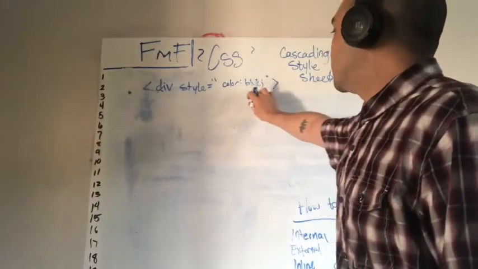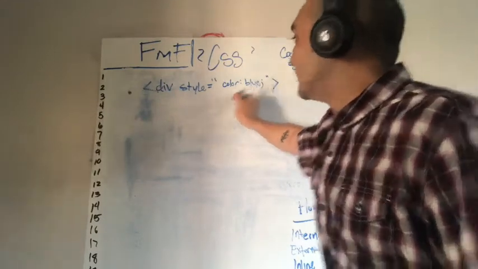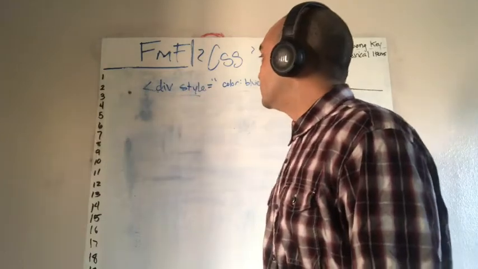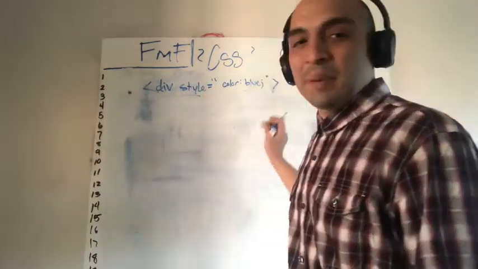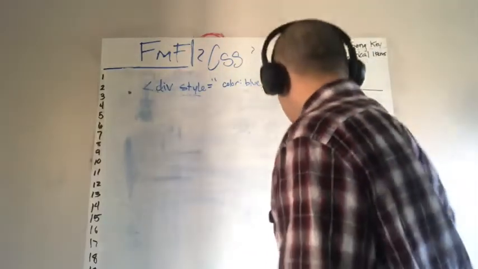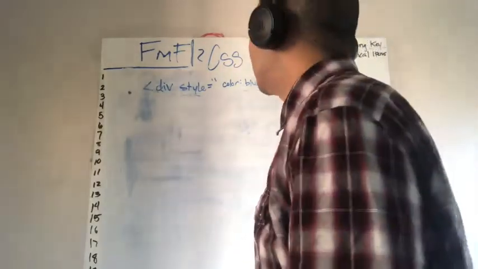You include the property and the value inside the div as an attribute, using the style attribute. When you use the style attribute, you're applying CSS as inline. That's how you're applying your CSS. This is called inline.